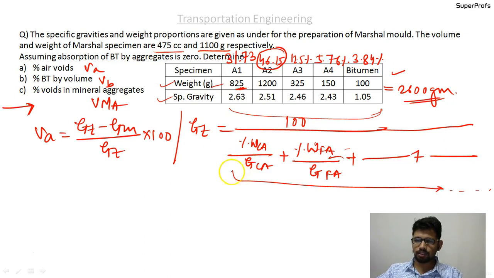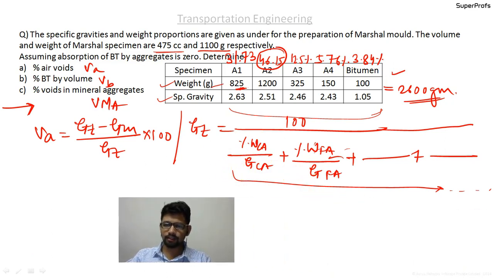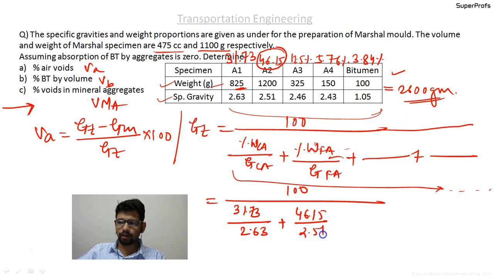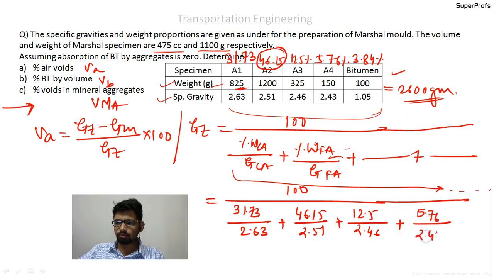Just using this formula of GT, we will calculate the GT value. It comes out to be 100 upon 31.73 upon 2.63 plus 46.15 upon 2.51 plus 12.5 upon 2.46 plus 5.76 upon 2.43 plus 3.84 upon 1.05.